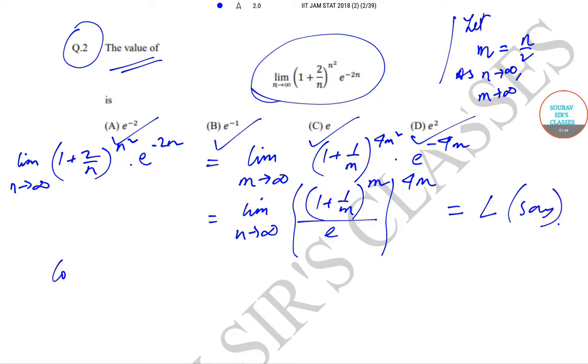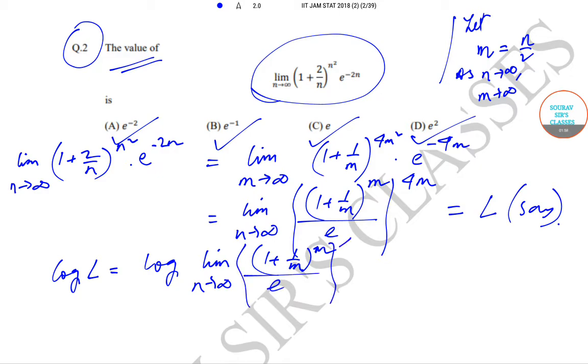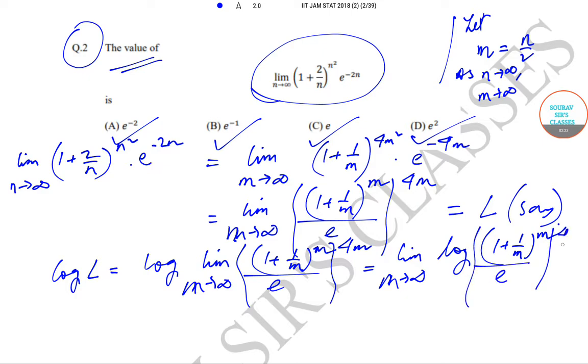So if we take log of L, this will give us the log of the limit as m tends to infinity of ((1 + 1/m)^m / e) to the power 4m. Now we take the log inside, so this will give us the limit as m tends to infinity of 4m times log of ((1 + 1/m)^m / e).